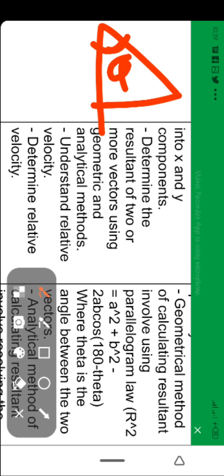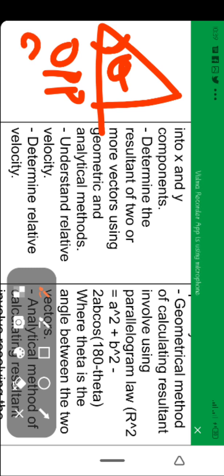Now the side of the triangle facing the theta will be your opposite. The line adjacent to your theta is your adjacent.